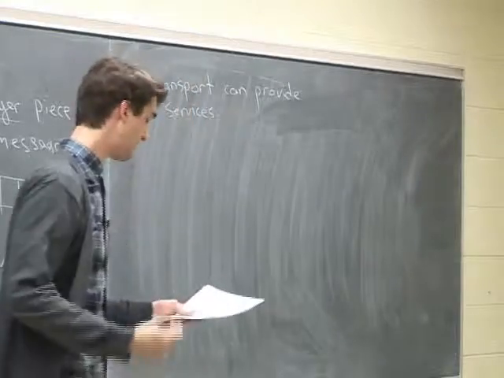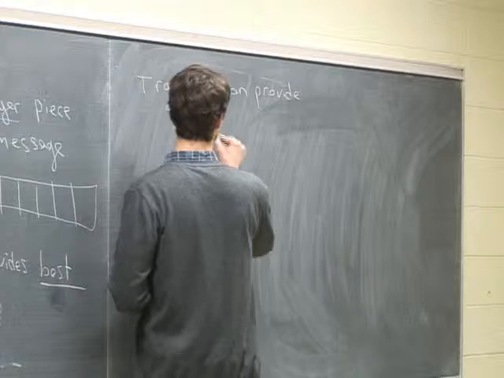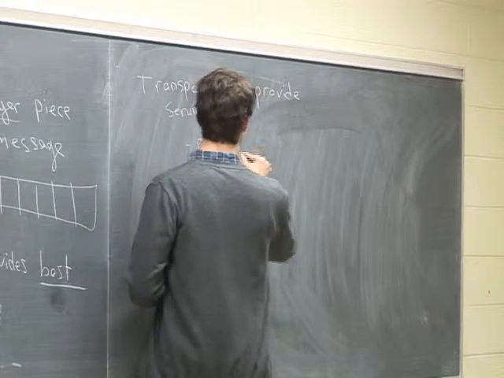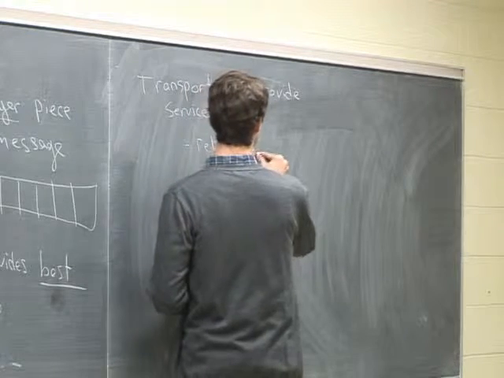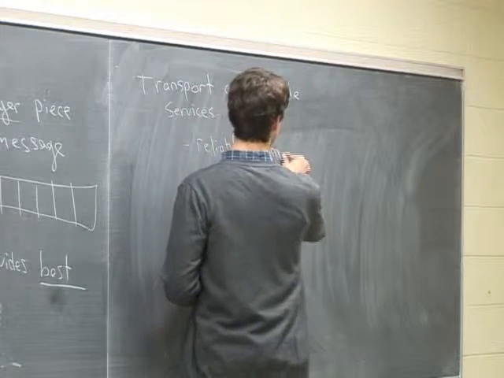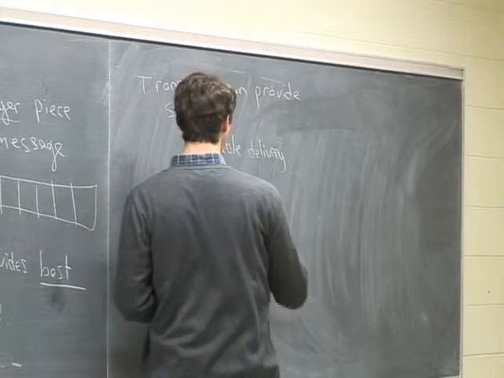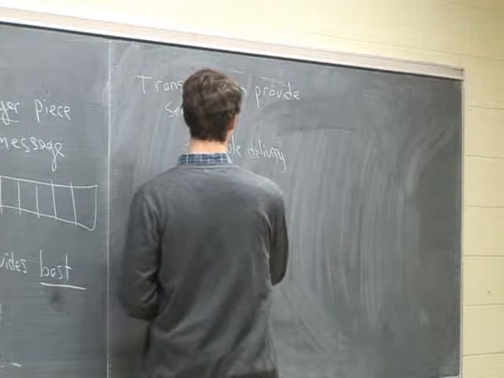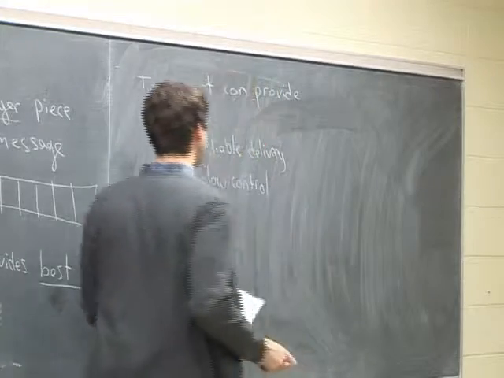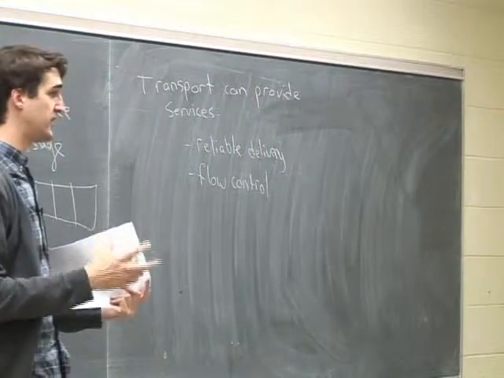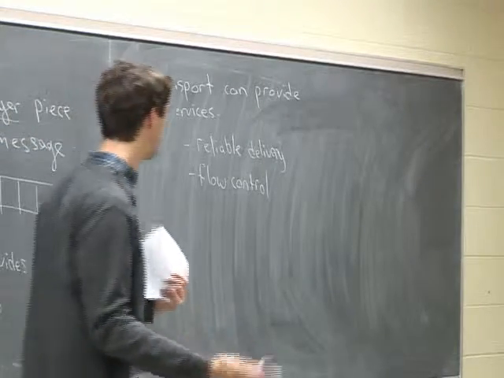And these services are, as I mentioned, one service they can provide is reliable delivery. So they can provide this reliable delivery even over an unreliable channel, such as the internet. And they can provide flow control. Now what flow control means is that it allows you to control the flow so you never overwhelm either of the endpoints.